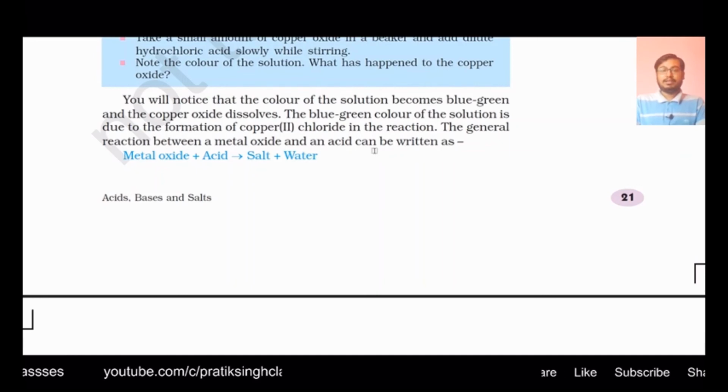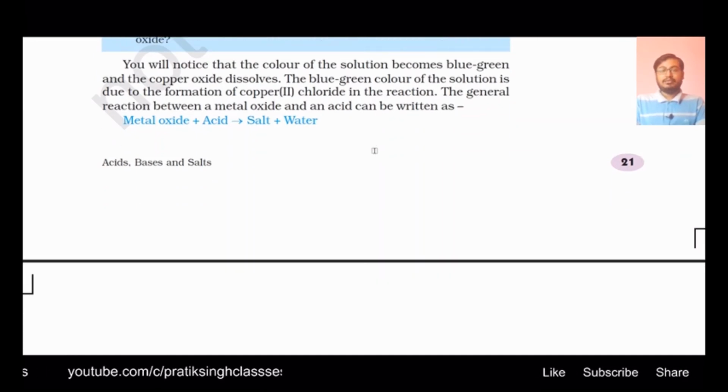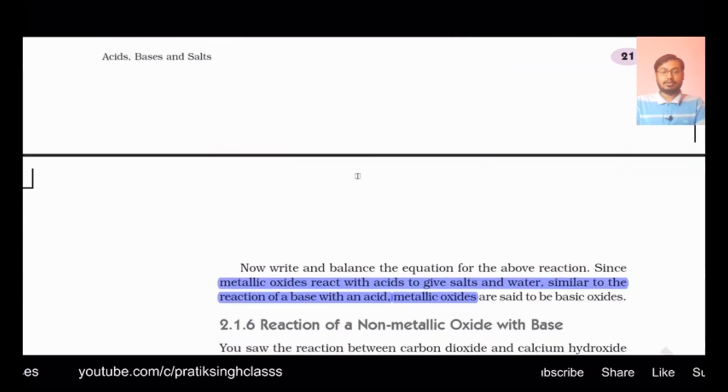So in general, whenever a metal oxide reacts with an acid, it makes salt and water. Metal oxide plus acid makes salt plus water. This is an example of a metallic salt, or simply called a salt.